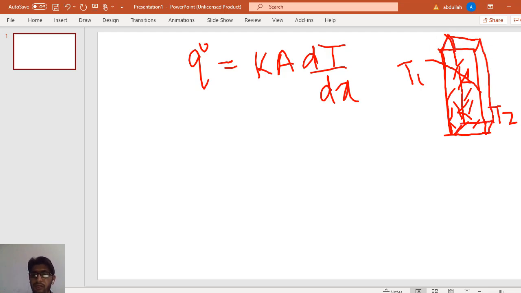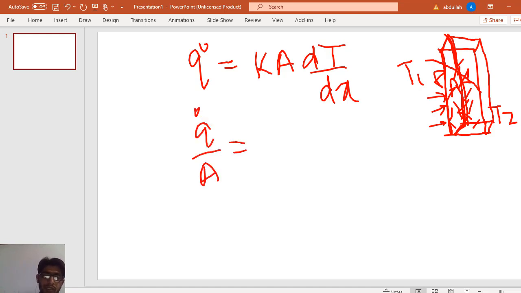The cross-sectional area for the heat transfer is A. Now we know that the heat rate divided by area is the heat flux, and it is k dT by dx.